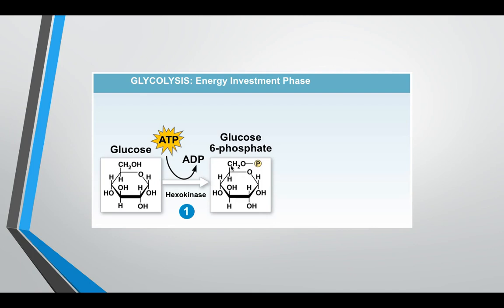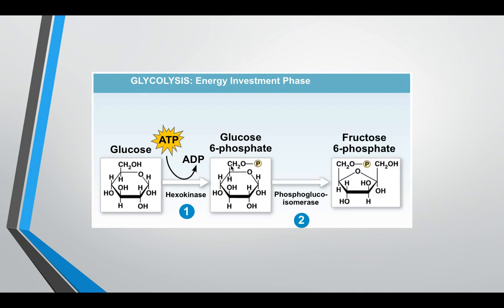So glucose is going to be changed into an isomer of fructose in our next step. The class of enzymes that is instrumental in changing a compound into its own isomer is called an isomerase. Now, this isomerase is specific because it changes glucose 6-phosphate into its isomer.